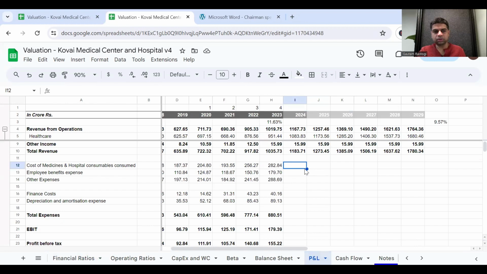Now let's model. We have the cost of medicines, which is the direct cost.